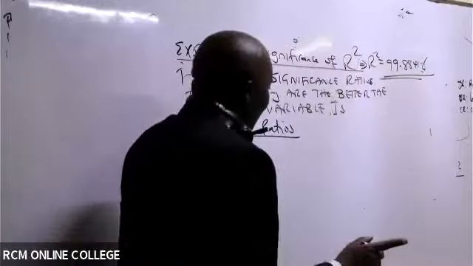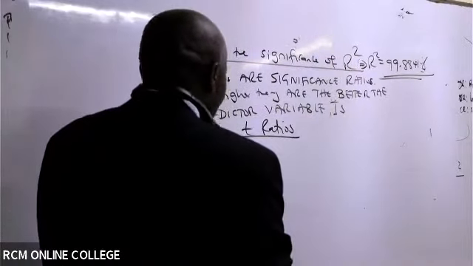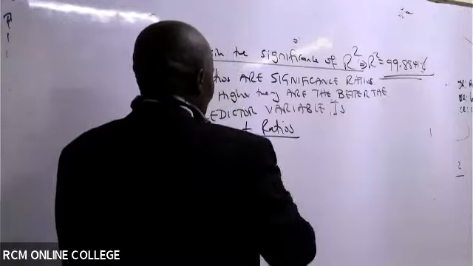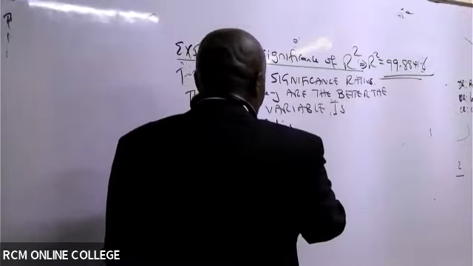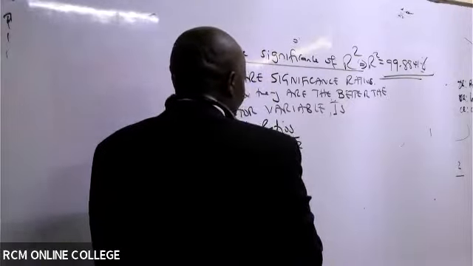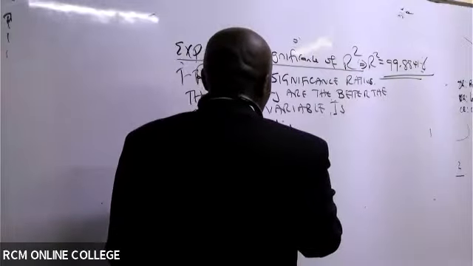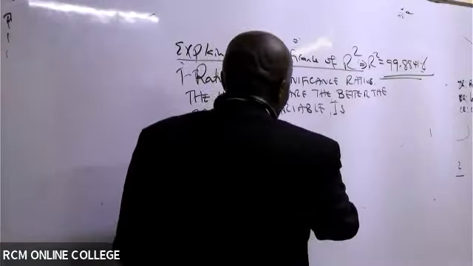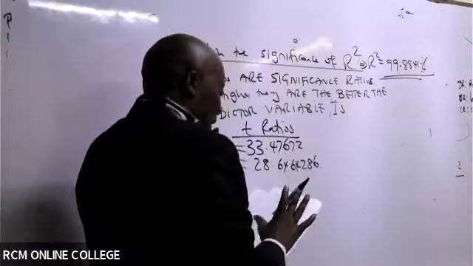Yes, Jeru. So T ratio for orders, 33 point what? 33.47672. And then the T ratio for X2 is 28.646426.